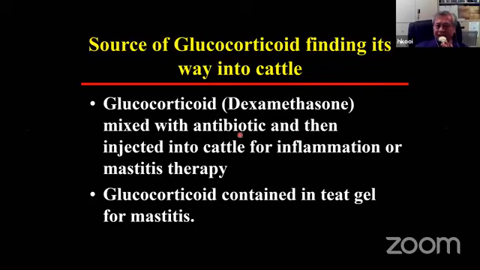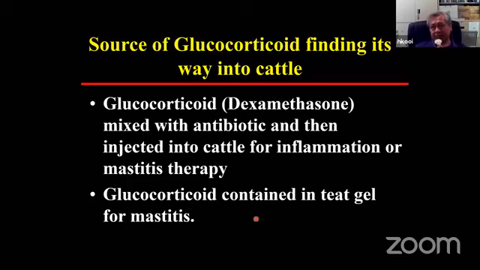They did not tell the farmer that these antibiotics also contain dexamethasone, because when you have mastitis and you inject these antibiotics, if you add dexamethasone, the thing will just become very soft. Okay, the mammary glands.